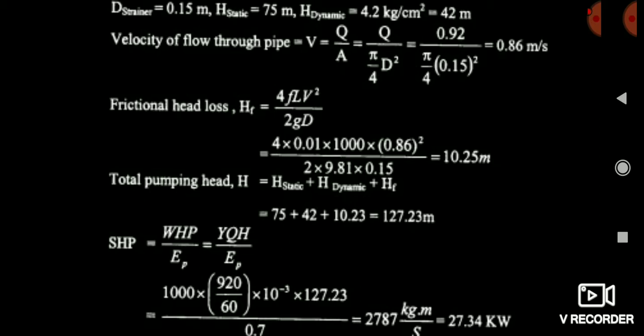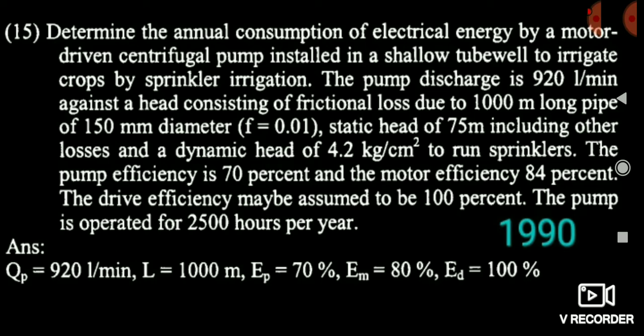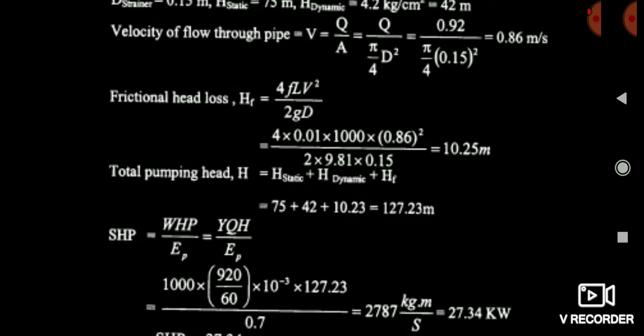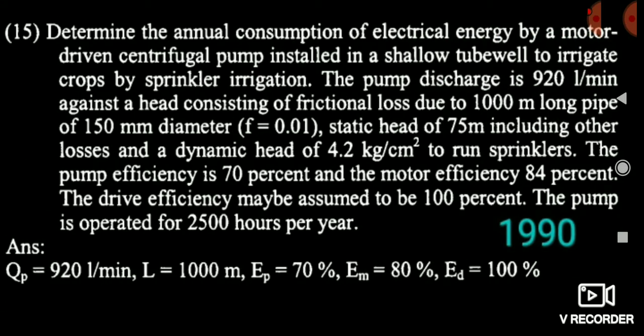After that you can calculate the head loss due to friction, that is 4fLv² by 2gD. The static head is also given in the question, that is 75 meter. So you will add this 75 meter to the dynamic head and the frictional head loss. After this we will calculate the SHP, because SHP is nothing but the total power we have consumed divided by the efficiency.